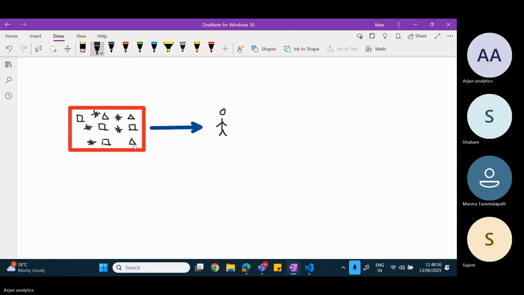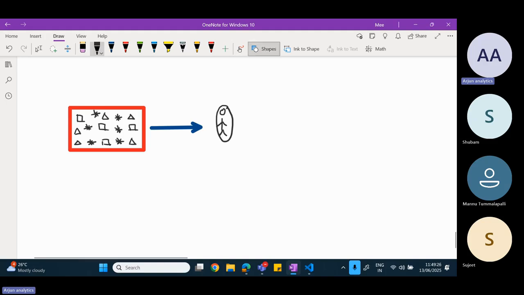These are the shapes, and there are no names. Now this gentleman has to segregate them into different groups.